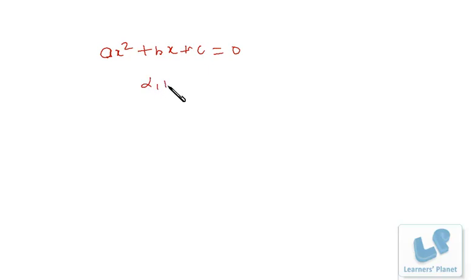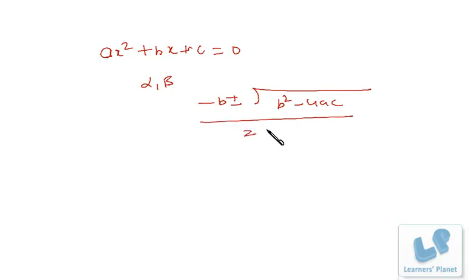So alpha and beta we can find out by this relationship, that's minus b plus minus square root of b square minus 4ac, by 2a, right? This is a relationship you will study in the topic quadratic equations also, but here I would like to discuss it because it will help you in solving some of the problems, right? So by plus we get one zero, by minus we get the other zero. So from plus and minus we'll be getting two zeros of this polynomial, right?